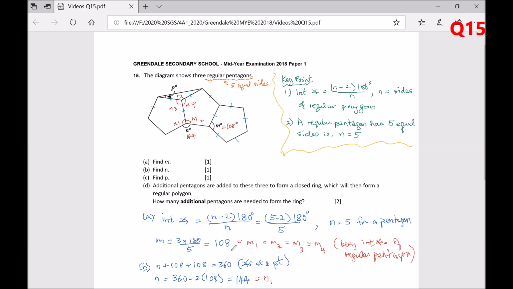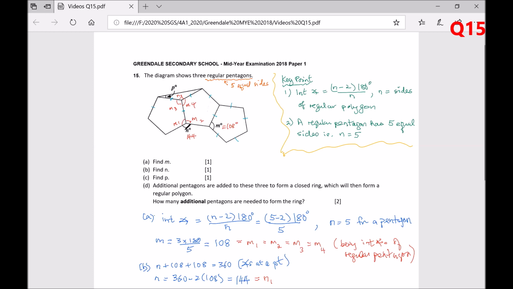We also note that m1 equals m2 equals m equals m3 equals m4, and each of these interior angles of the regular pentagon equals 108.